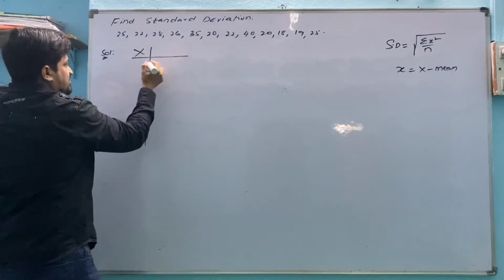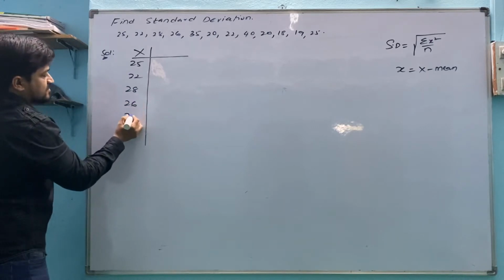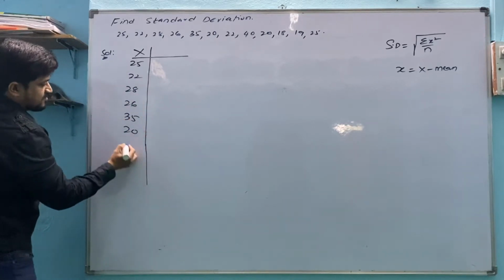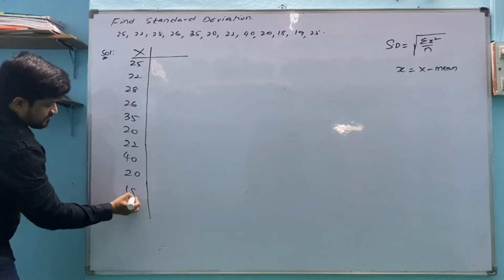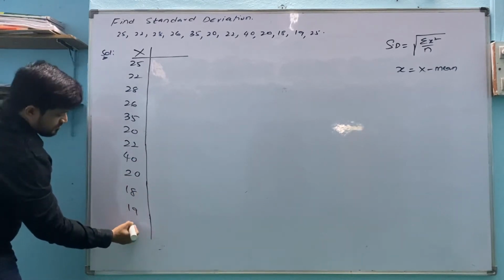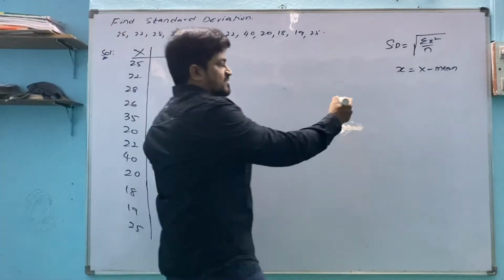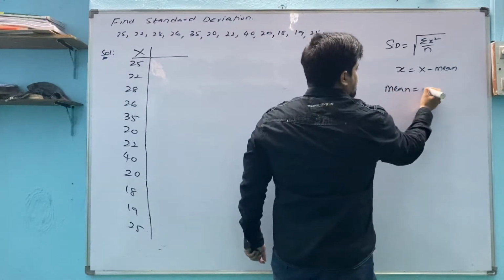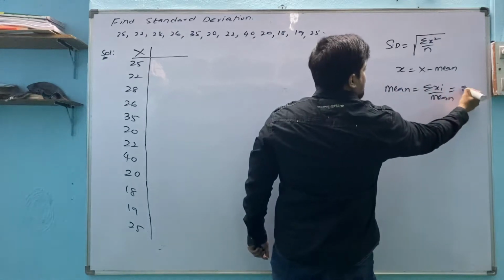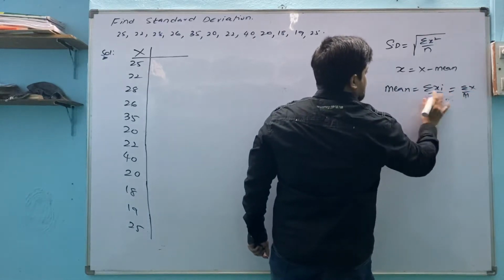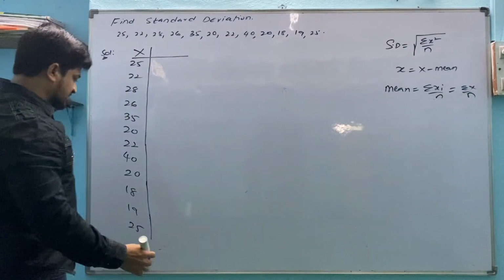Then we have this is X. To find mean, sigma xi by n, or you can write sigma capital X by n. So we have to find sigma x.